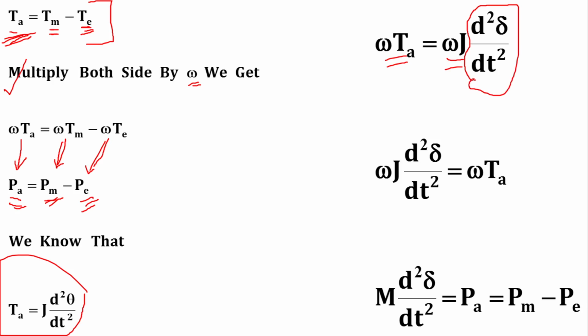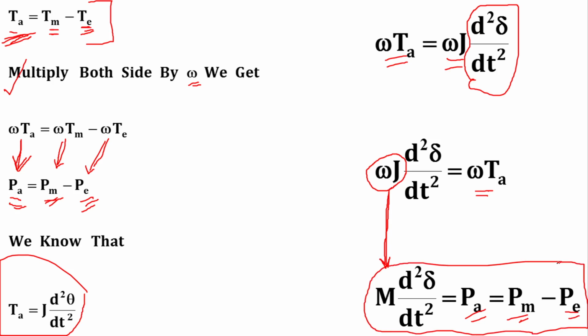Now omega into J is nothing but the angular momentum M. So M d square delta by dt square is equal to omega into Ta, that is the accelerating power, and accelerating power is equal to Pm minus Pe, mechanical power minus electrical power. So this is our swing equation.